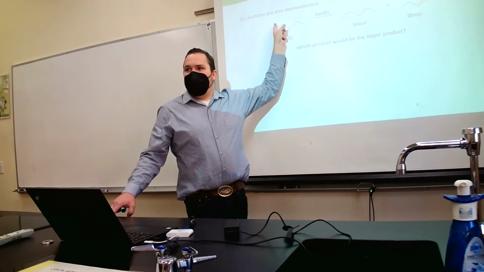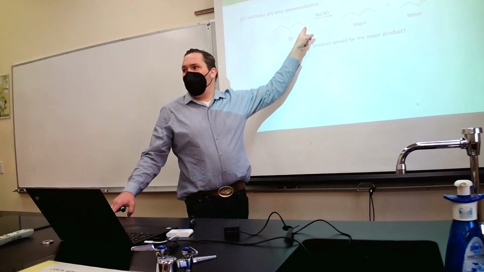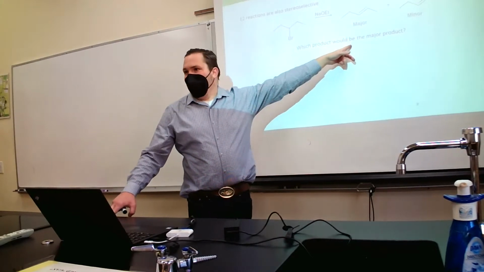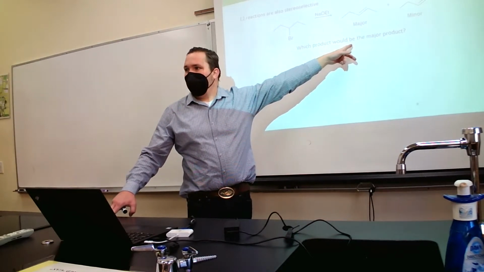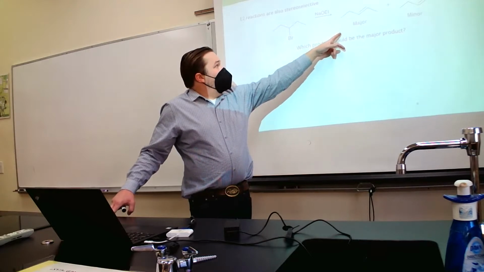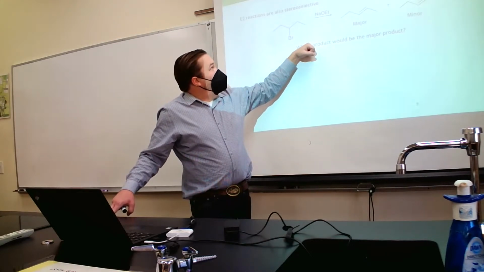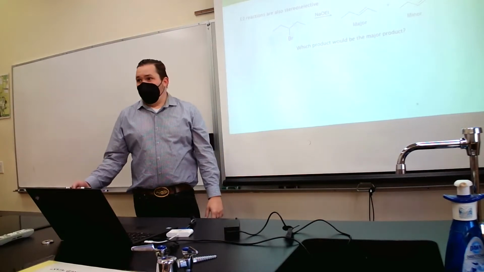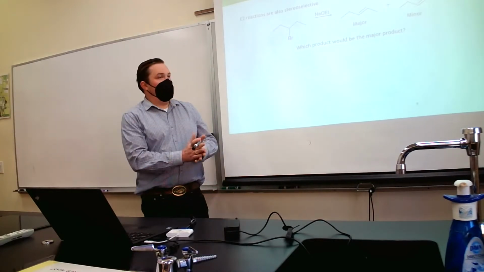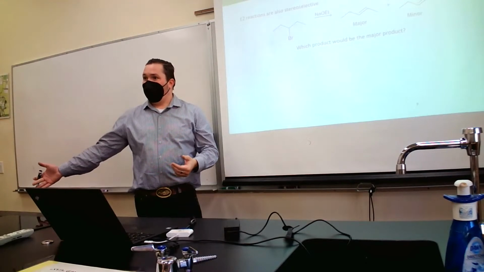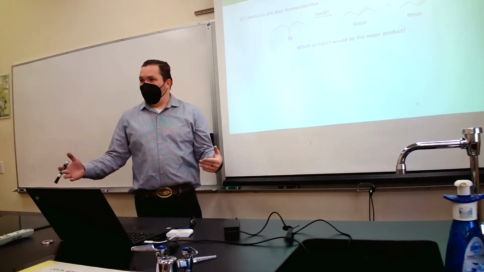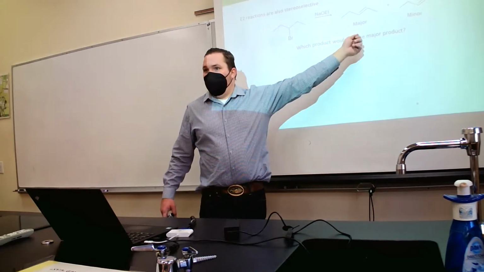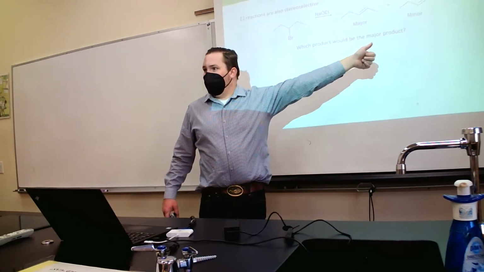If you have two identical alpha carbons, you can't have a different alkene, other than you can get E versus Z. So in this case, this is what's known as stereoselective, meaning in addition to choosing where to put the pi bonds, which stereoisomer you get is also going to depend on some of these rules.